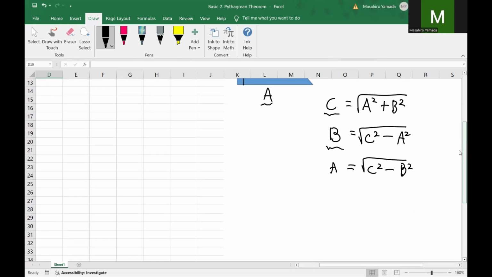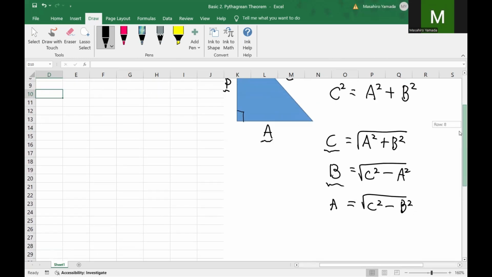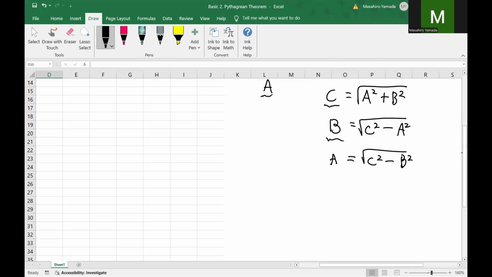And the reason for this minus is pretty simple. If you think about the original formula, and let's say you want to solve for B, the length of B, then you want to isolate B. So you want B equal to something.